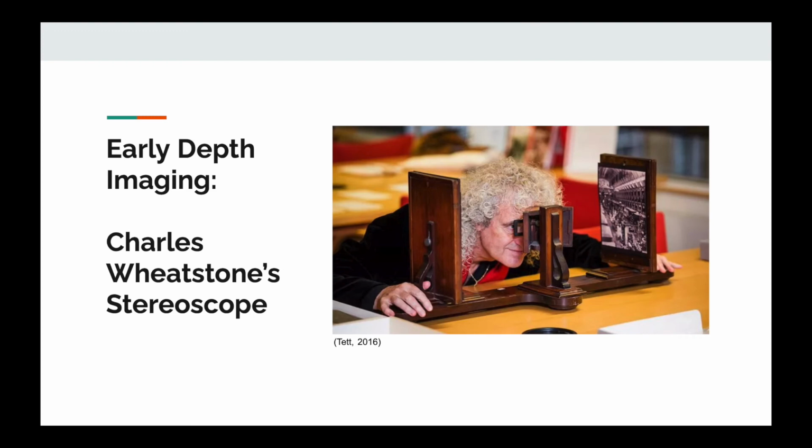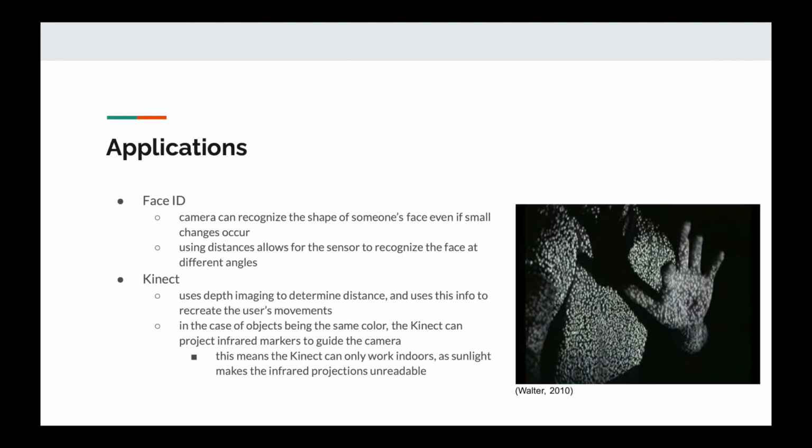So now that we have it, what can we use this technology for? So we have Face ID, which the camera can recognize the shape of our face because of this type of vision. Now, the way that it works is there are these little dots, and the way that I think of it is they're like constellations. So each little cluster of dots is all unique in the pattern that they have.